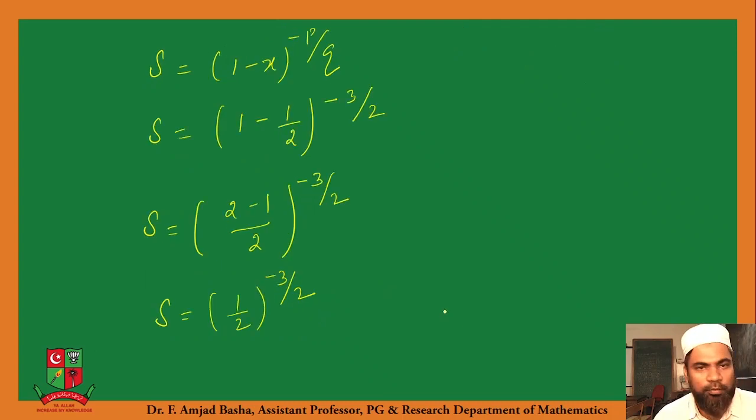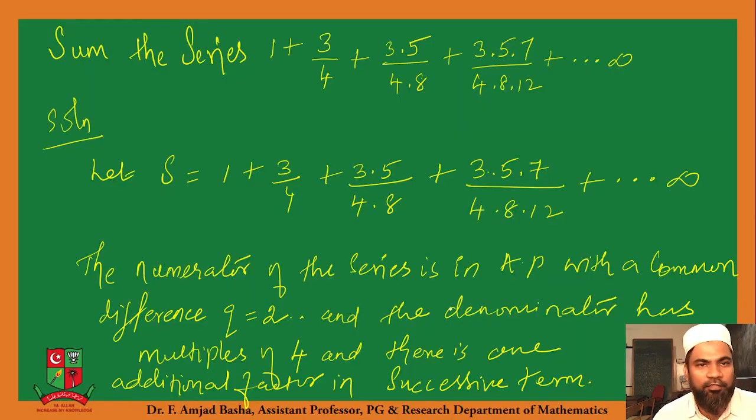Hope you all understood. I repeat from the beginning. To find the sum of any series, in particular in binomial expansion, you need to check whether three cases are being satisfied. Number one, check whether the factors in the numerator are in arithmetic progression.